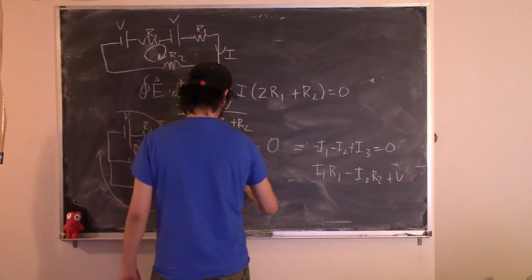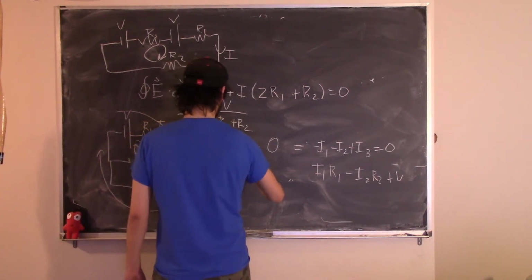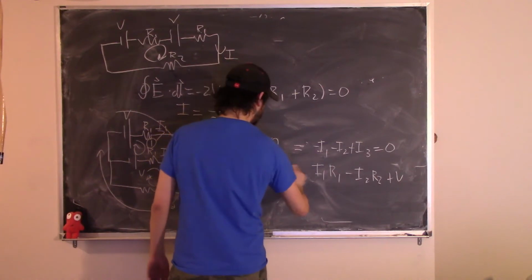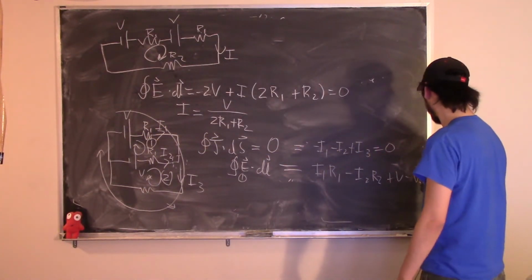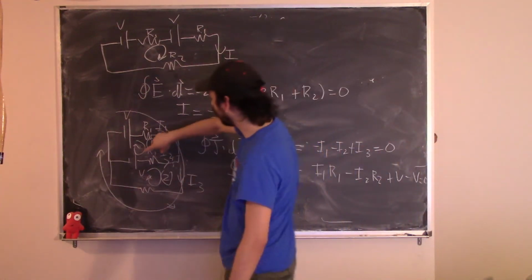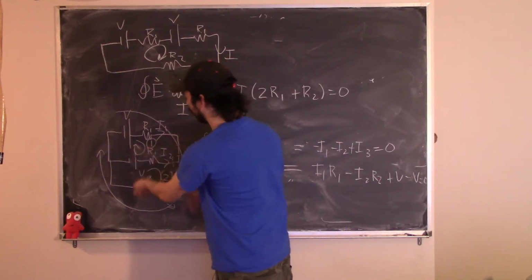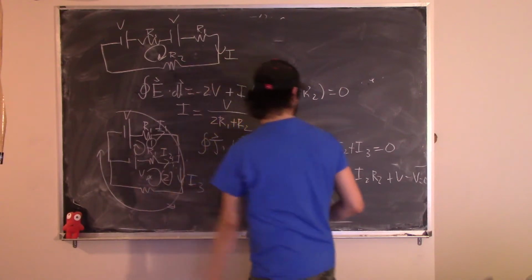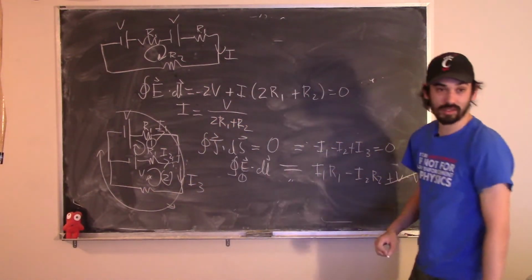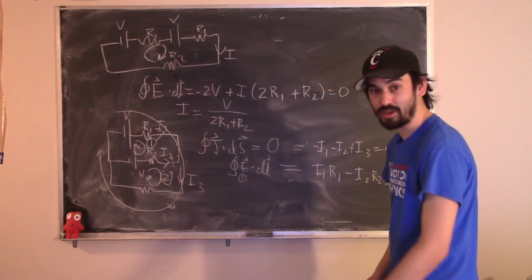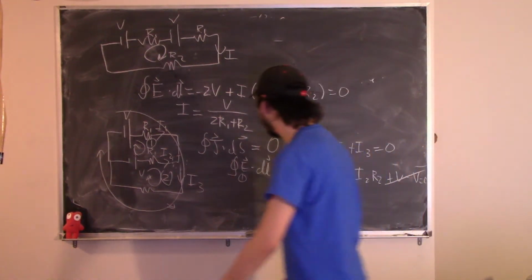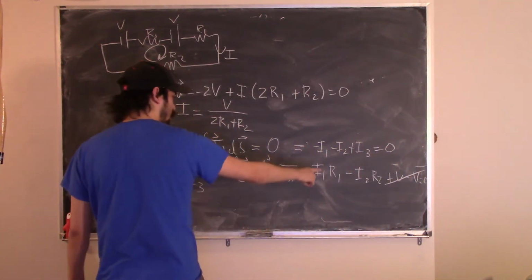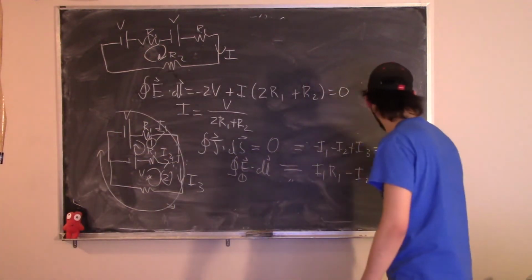Integral for loop 1 of E dot dl is equal to this. This is going to be plus V, and then minus V is equal to 0. So the plus V comes from going across this one until I see the plus first, and then I get to this one, I see the minus V. That cancels. Okay, we're still online. That's good. Sorry, this should be an I2 R1.